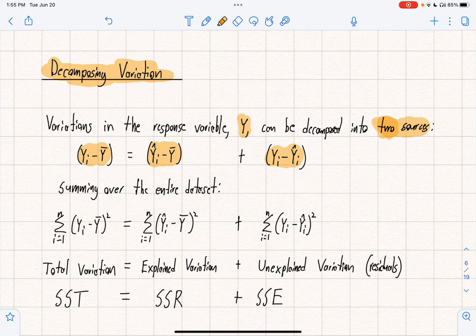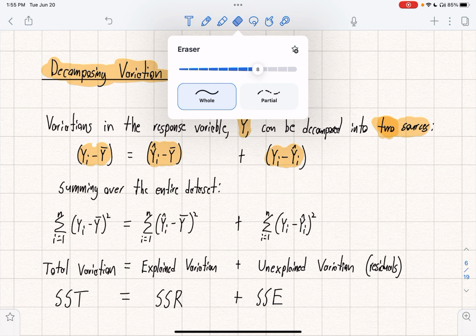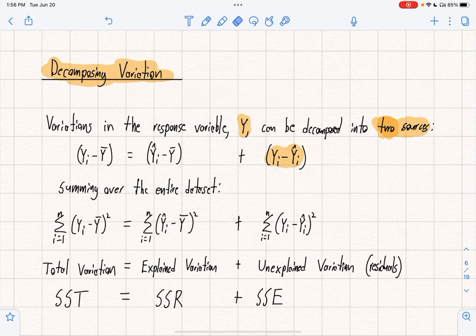So let's sum these things over the entire data set and square them. Recall that we always square distance because if we sum up the total distance, it'll just come out to 0. So we have the sum from i equals 1 to n, and we're summing up the total variation: the difference between yi and its average, squared.